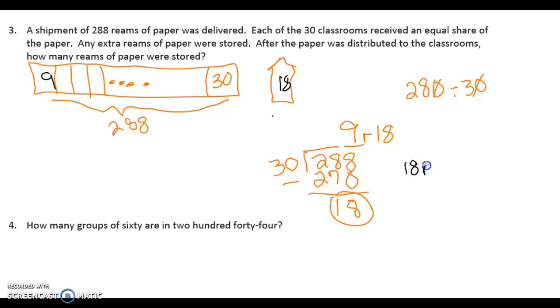We've got to spell reams correctly because it's right in front of us, right? 18 reams of paper is stored. And that answers the word problem question right there. That's the only question mark they give us, right here: how many reams of paper is stored? So we're done with that one.